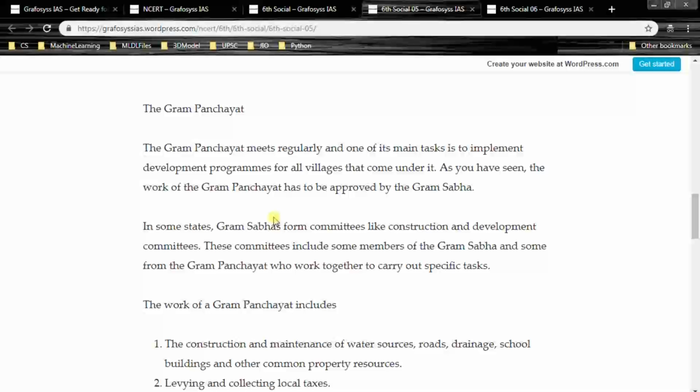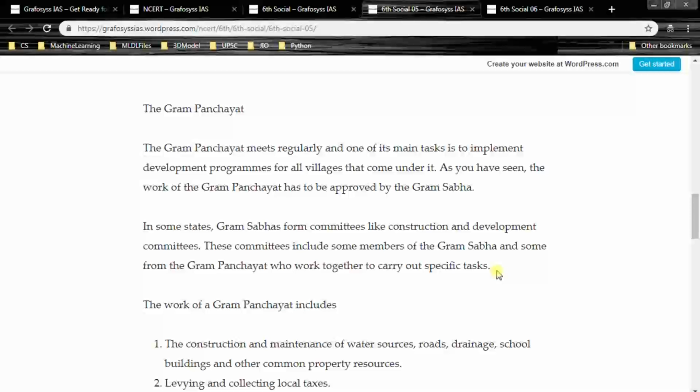villages and all. In some states, Gram Sabhas form committees like construction and development committees. These committees include some members of the Gram Sabha and some from the Gram Panchayat who work together to carry out specific tasks.